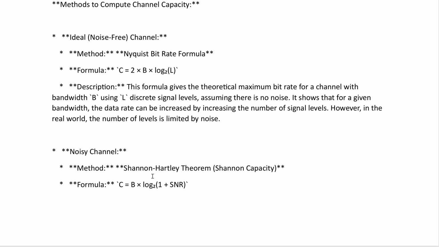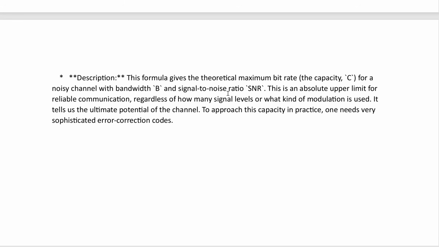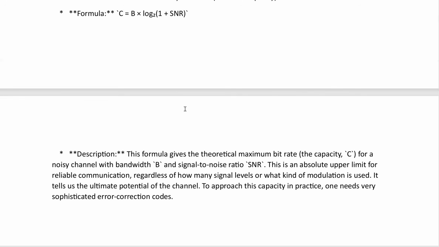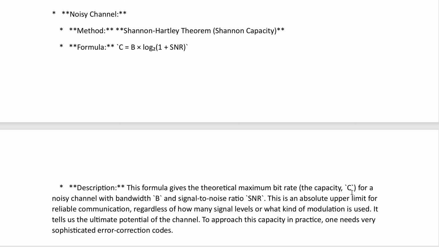Then comes the noisy channel. In a noisy channel, the method is to use the Shannon-Hartley theorem, that is the Shannon capacity. The formula is C equals bandwidth B times log 2 of 1 plus signal to noise ratio, that is SNR. This formula gives not the theoretical but the practical maximum bit rate, that is the capacity C. It is wrongly written here.